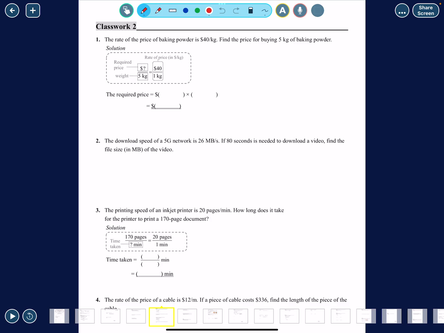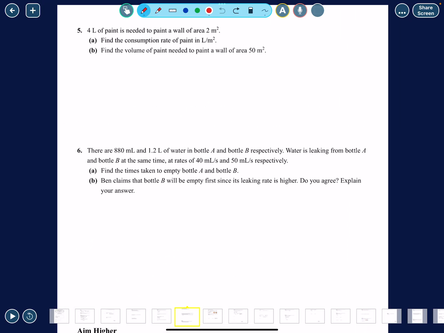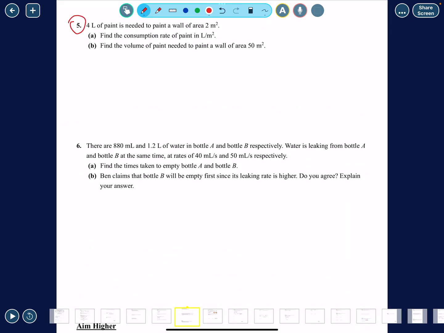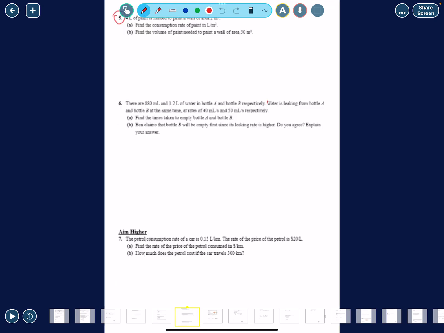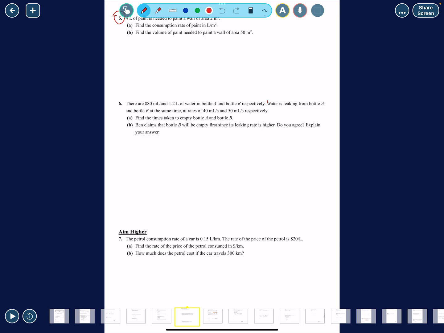So in this lesson, I think I'm going to go through the more difficult questions. Maybe I'll go through this question, and then are there any more questions? Okay, I want a question that is going to be about changing the units.